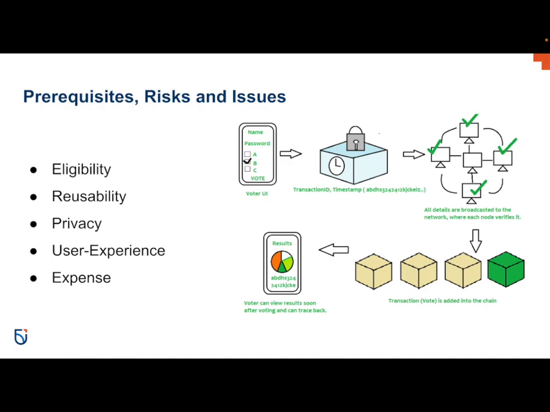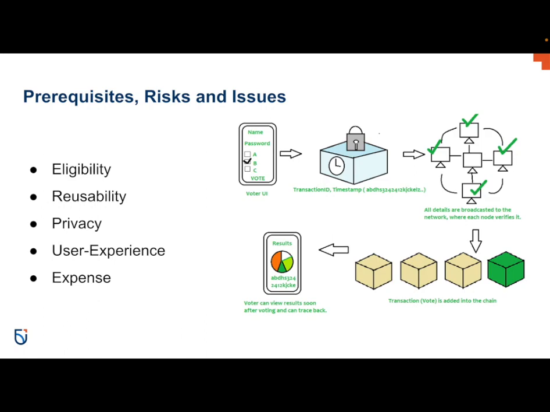So first of all, the eligibility. Voting should be limited to the registered voters only. And then there is reusability. Each voter may only cast one ballot. And then there comes the privacy. Only the voter has to have access to information about their choices. Then the user experience. Most of the users have to know what they're doing, and have to have familiarity with the system.